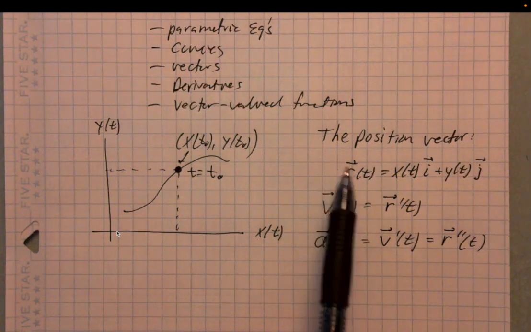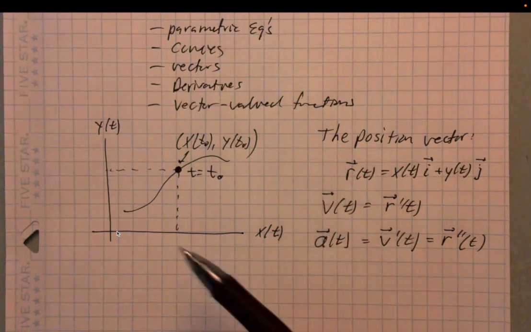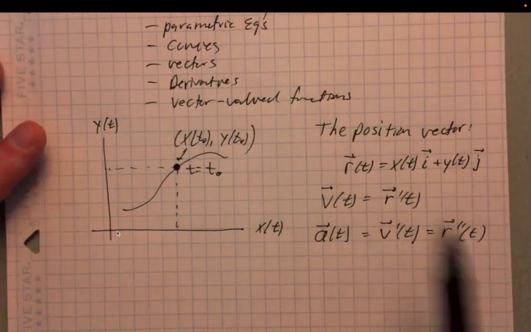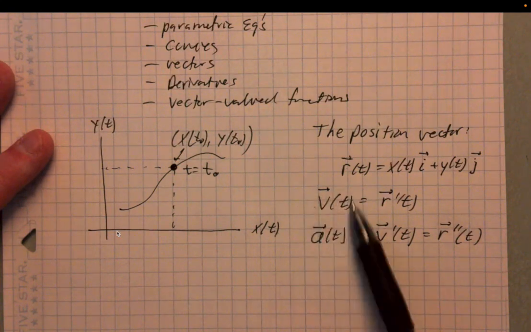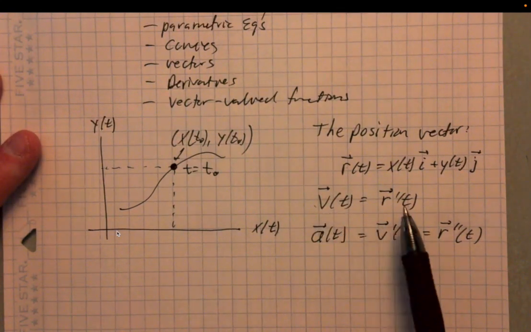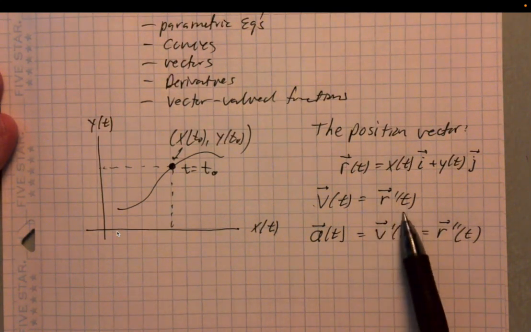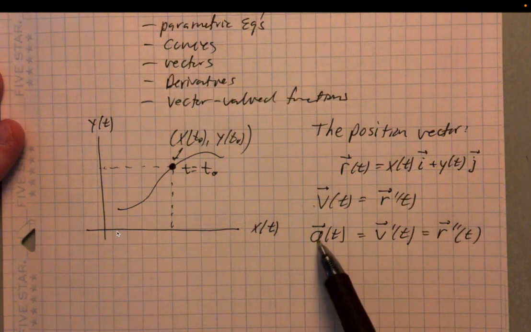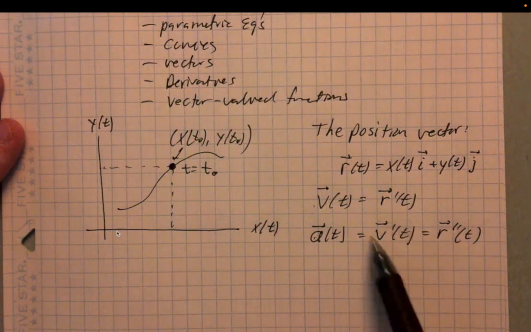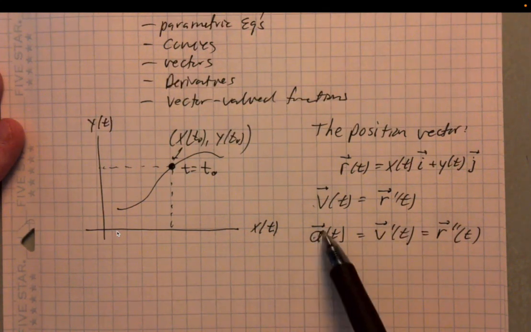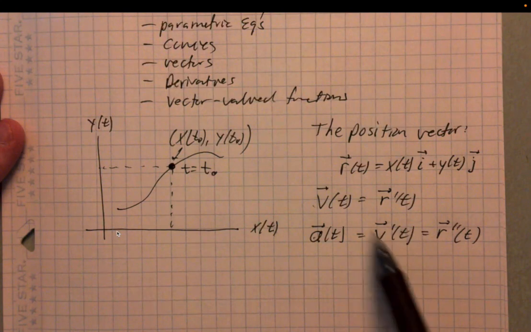The derivative of a function is the change in the function with respect to x. In this case, the velocity conceptually is the change in position with respect to time. And acceleration is the change in the velocity with respect to time. That's why you see a of t being the derivative of the velocity function.